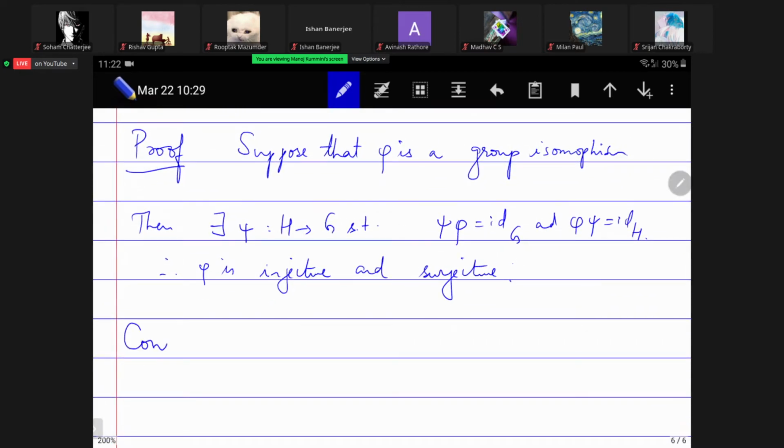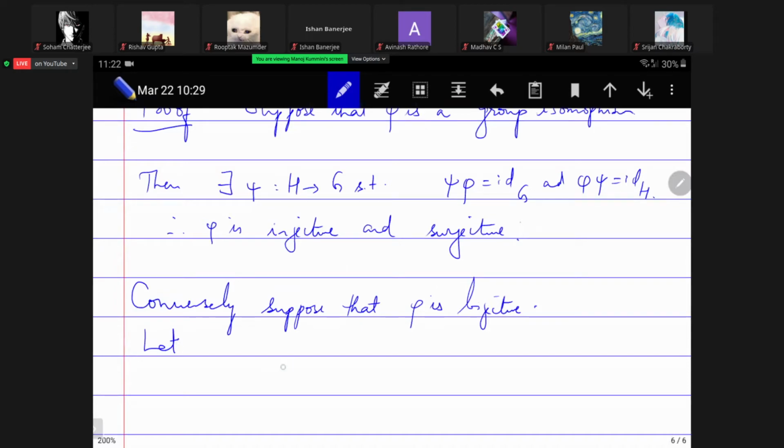Conversely, suppose that phi is bijective. So it has an inverse as a function.